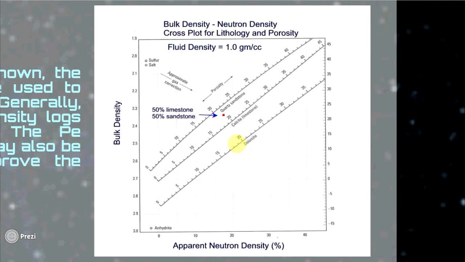The computer program then must calculate the percentage of each component based on all relevant logs, including acoustic, spectral gamma ray, and NMR, if available. The PE log is particularly useful in complex lithology determinations, as the readings are much more sensitive to lithology than porosity.